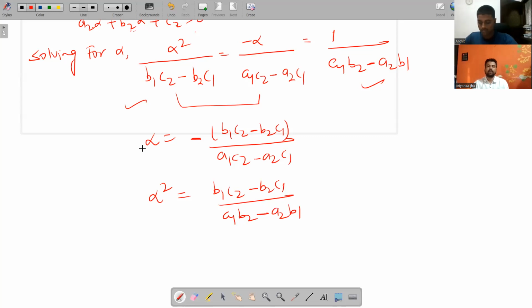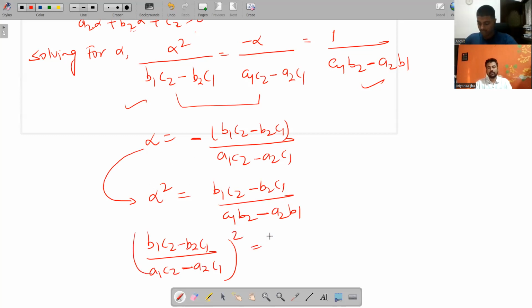Now just put the value of alpha in this equation; the square of this, the minus will be gone.